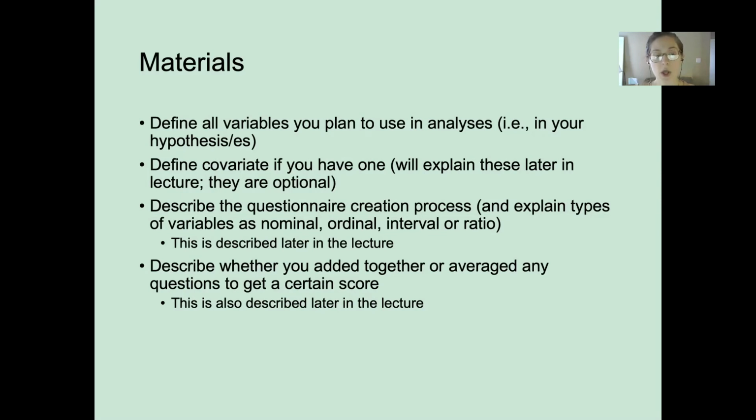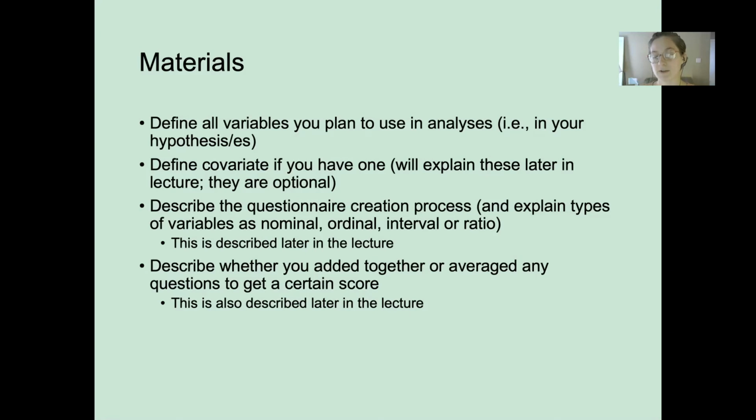Describe also the scores that you use for your independent and dependent variables, whether it came from adding up the responses to some questions or averaging the responses to some questions, or whether it just came from a single question. I also describe this process later in this lecture series. So if you don't know what I'm talking about, that is totally fine. You're going to have to do a little bit of backtracking as you go to write this. So you rewatch this part of the video as many times as you would need after you get more of that statistical background.